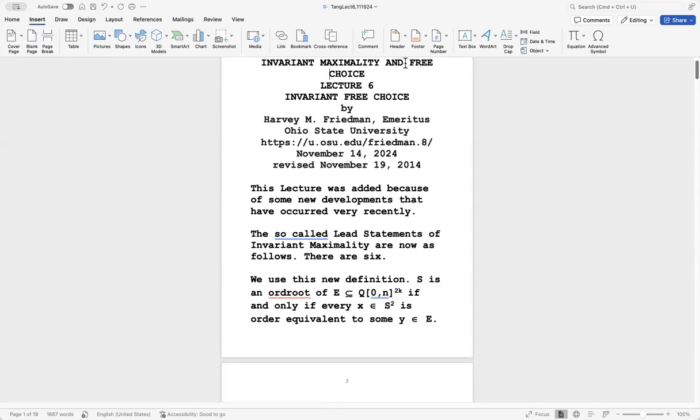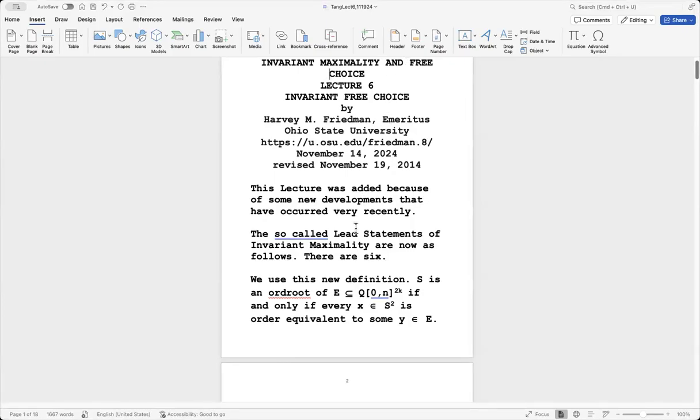In fact, we'll have a sketch at the end of that. So no new reversal is needed, just the core reversal for invariant maximality. The simplest way to prove the free choice is to imitate and lift the proof for maximality using the same large cardinal.